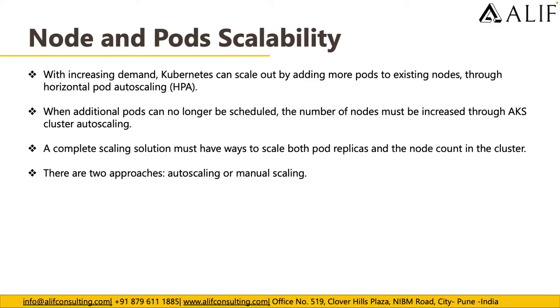That's something you can enable, and whenever nodes need to be increased or decreased, that will be automatically taken care of by AKS. There are two types of scaling which can happen: automatic or manual. If you really want to go ahead and increase the node count manually, you can do that. But if you want to do it in an automatic way, you can do that as well.